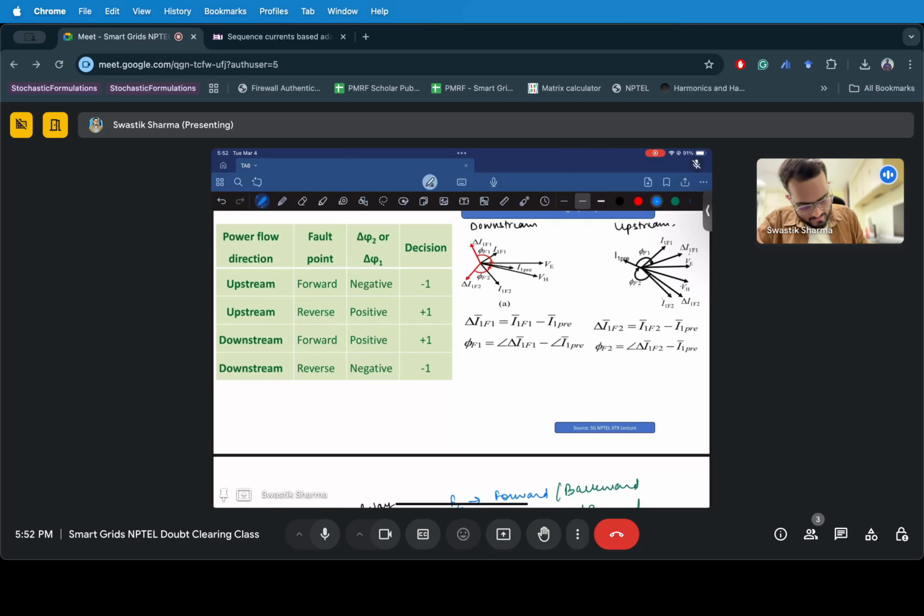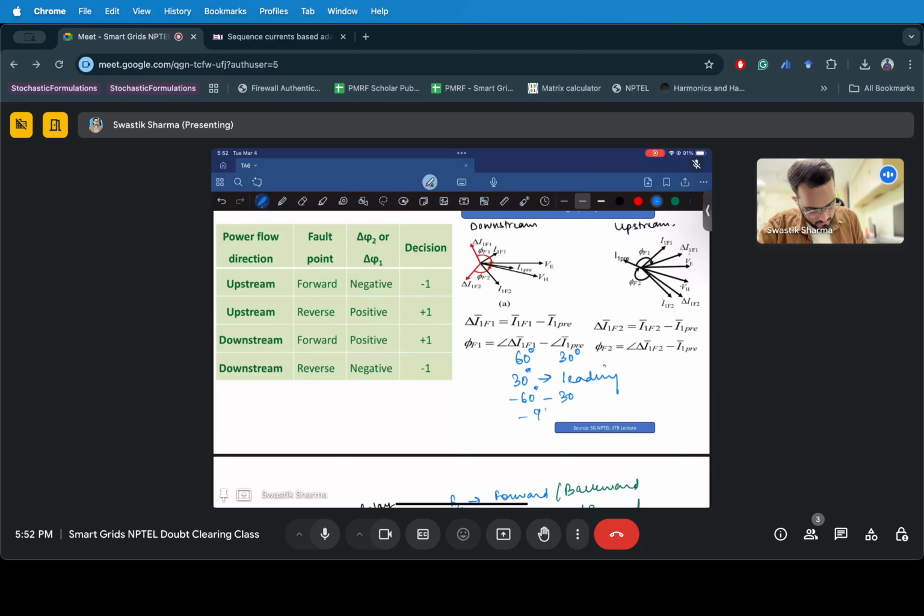Okay, let's assume that your fault current phase angle is 60 degrees, and your pre-fault condition was 30 degrees, right? Then it comes out to be 30 degrees, and since it's positive, that means it's leading, right? So 60 degrees minus 30 degrees.